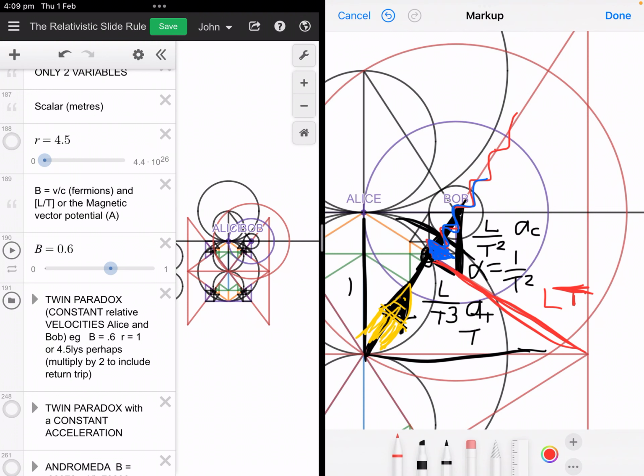So, because Einstein just said that a time dilation is due to gamma, which is that length there.